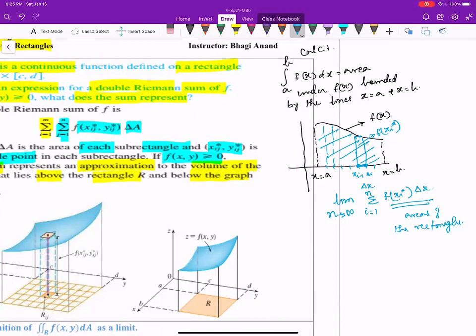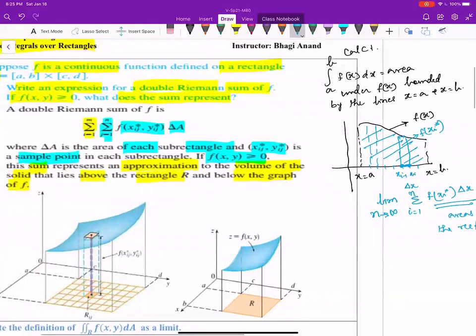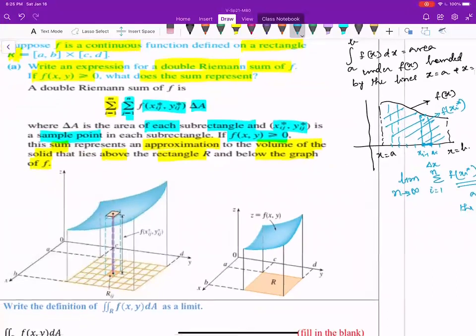Again, similar idea, because it is a double integral. f of x,y is our surface, which is a function of two variables. The surface is shown in blue. We consider a rectangle over which the surface is defined.